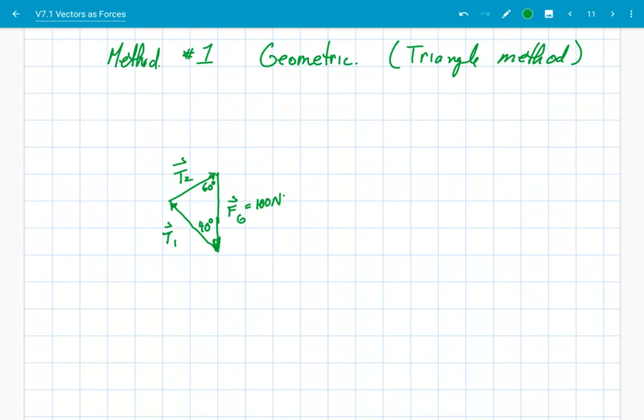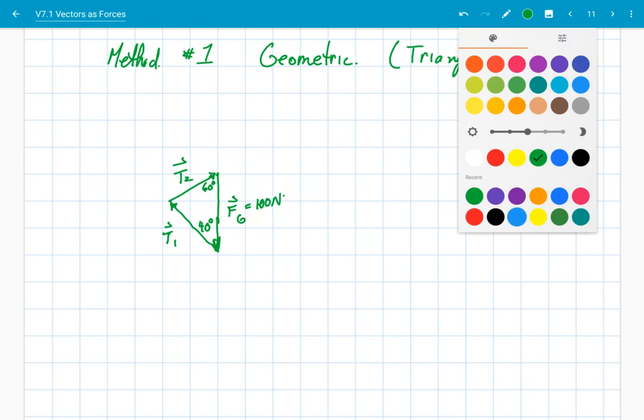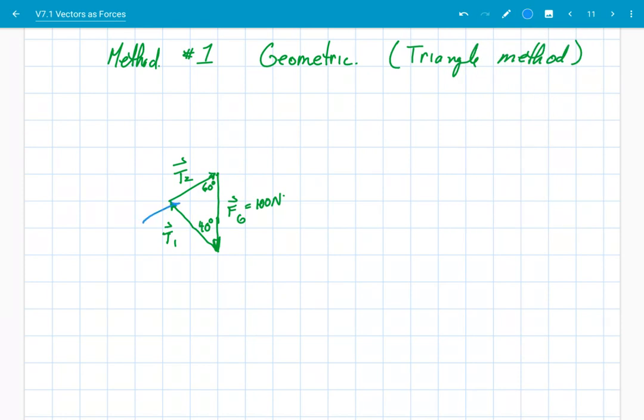Okay, now we have lots of information in this triangle. So find this angle right here. 180 minus 60 minus 40 is 80 degrees. So I'll put an 80 in there. And then to get the forces, we can just use sine law.